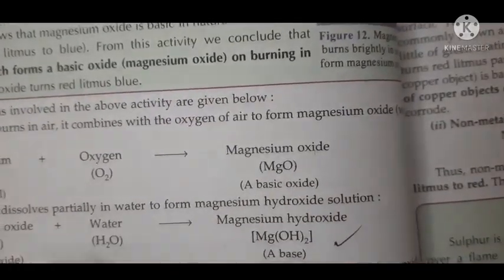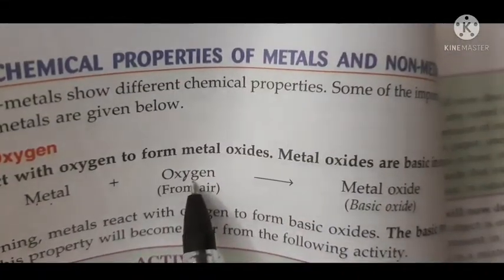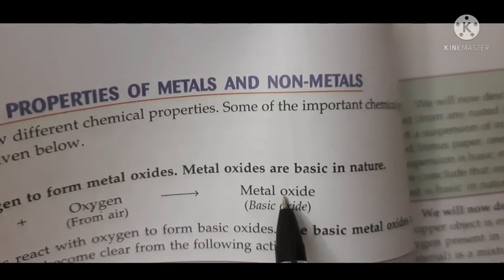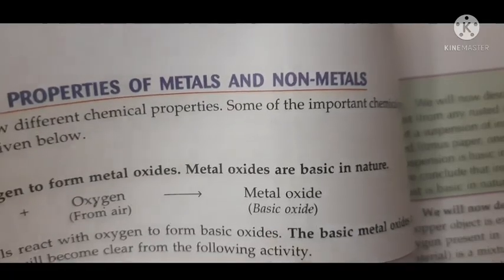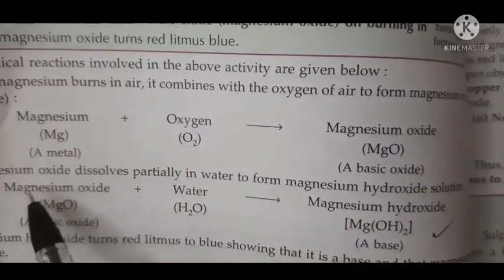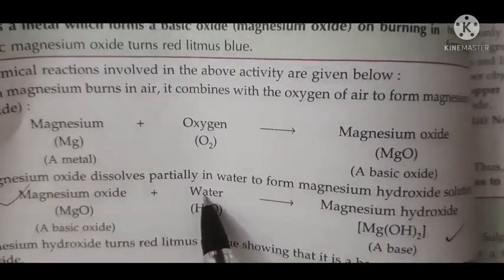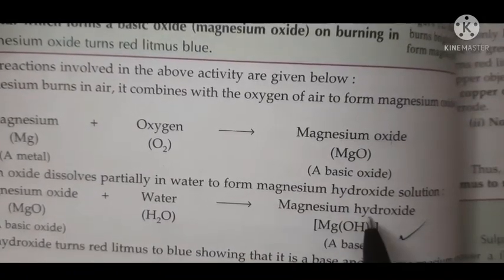Just read the general equations. Metal will burn in oxygen to form metal oxides. Metal oxides are actually basic oxides. Remember that this metal oxide will mix in water and produce metal hydroxides.